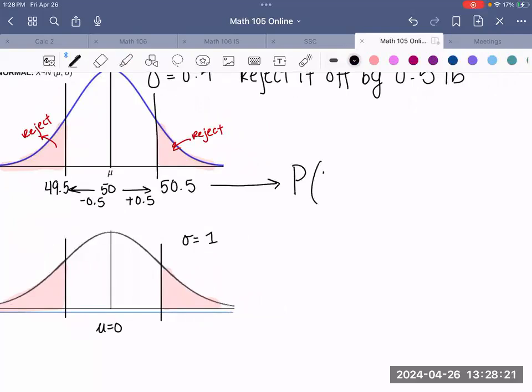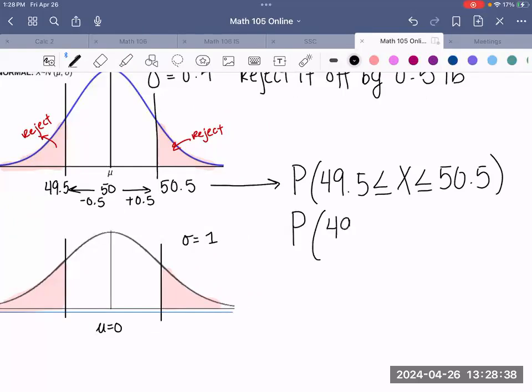So we have the probability of 49.5 is less than or equal to x, which is less than or equal to 50.5. Because they don't fit on your z-table, we're going to force them onto it. We take 49.5, subtract your mean, and divide by your standard deviation.